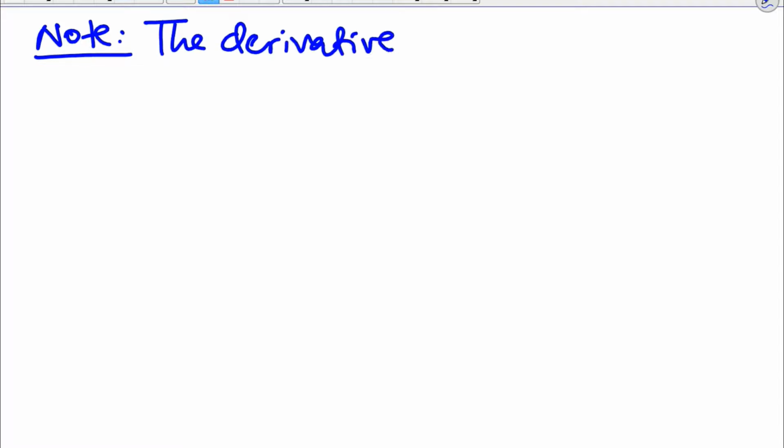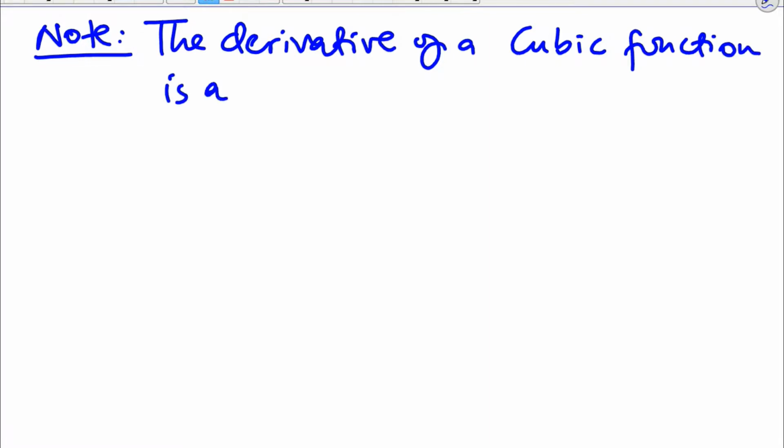So the derivative of a cubic function is quadratic.